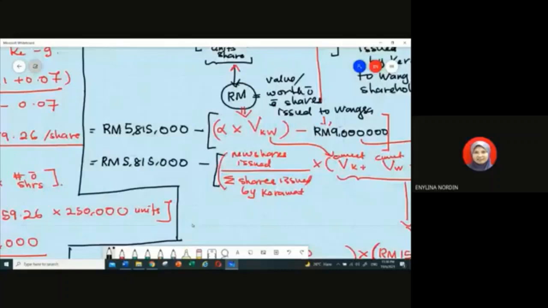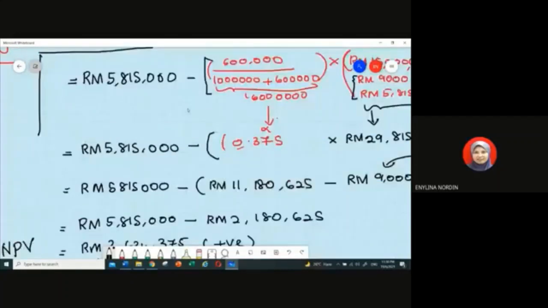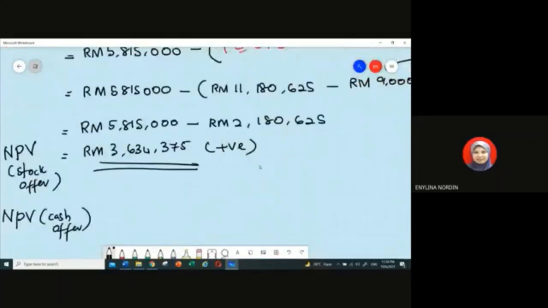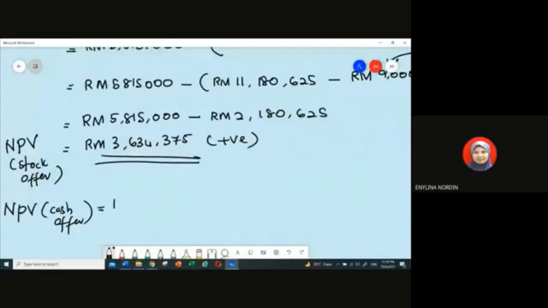This is what we have calculated earlier. So the cash offer NPV is going to be 4,815,000. It's still positive, same as the stock offer's NPV.